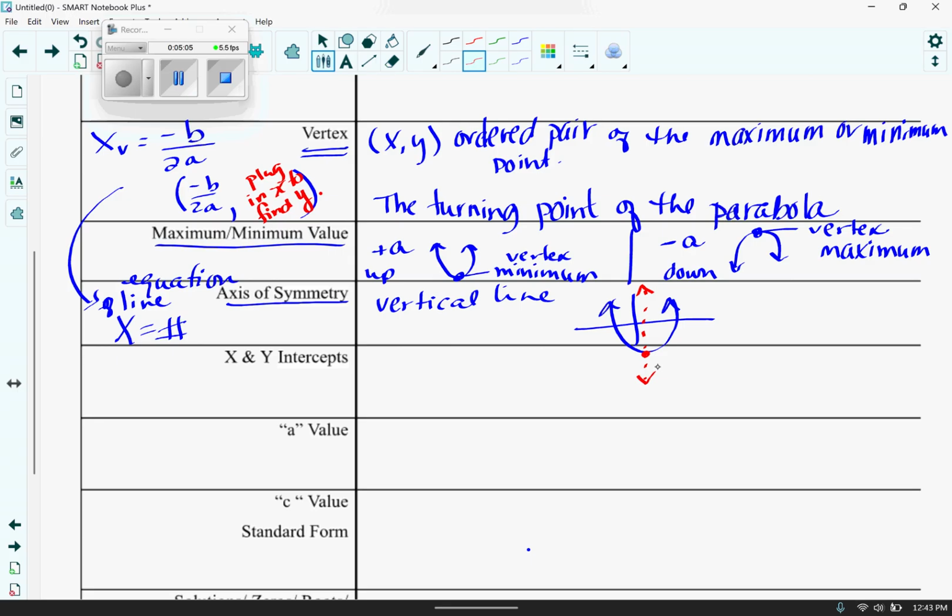This line that would cut it in half is called the axis of symmetry. Sometimes we'll abbreviate by saying AOS, axis of symmetry. And it crosses the x-axis, therefore it is an x equals some number equation.